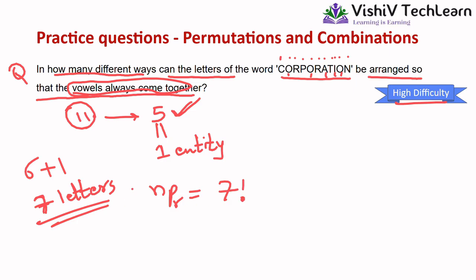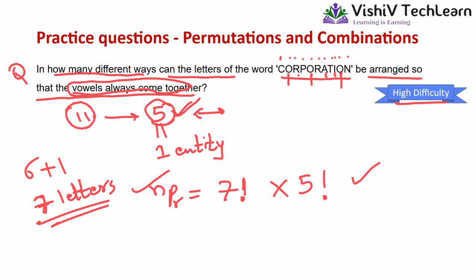We have already solved this; we have seen this logic. So this 7 factorial will be part of the answer. And since 5 vowels are there, these also can interchange positions among themselves. So 5 factorial will be the multiplication. Correct? So this should be the final answer. But here in this example, we have O repeating 3 times.